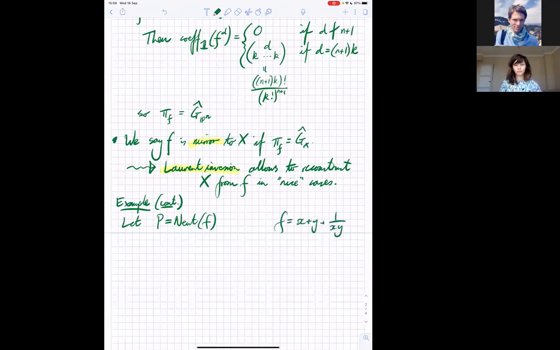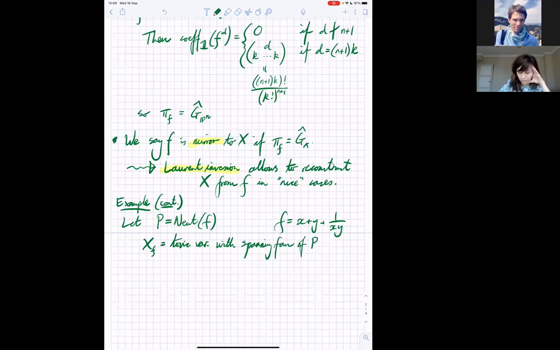So the two-dimensional case, P^2. Then we define X_F to be the toric variety with spanning fan given by P.